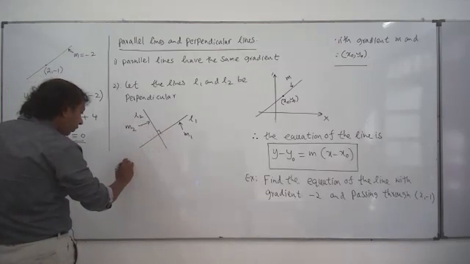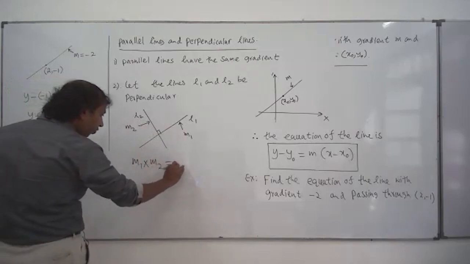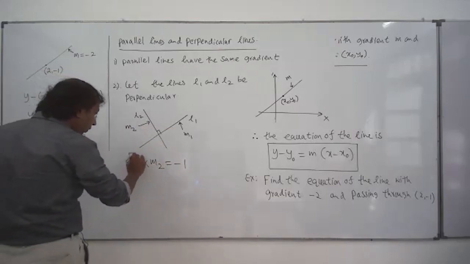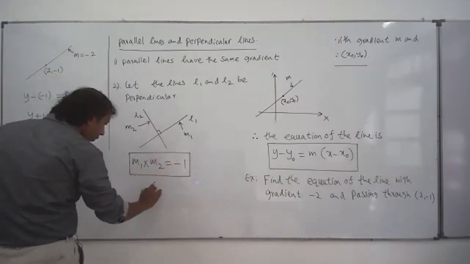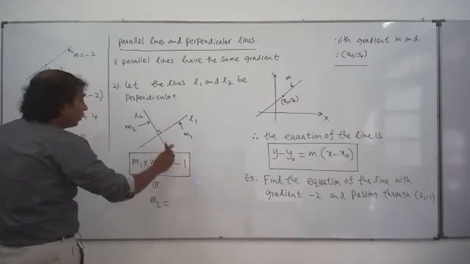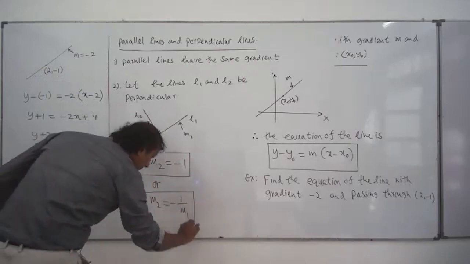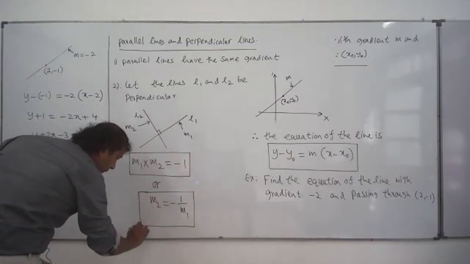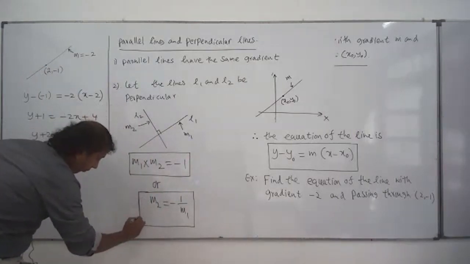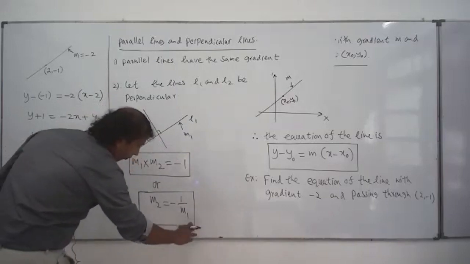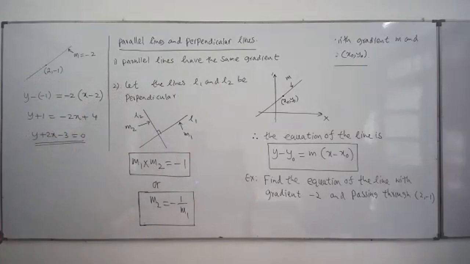The gradient product M1 multiplied by M2 is equal to -1. Not +1, -1. Or you can write M2, this gradient, is -1 upon M1. M2 equals -1 over M1.